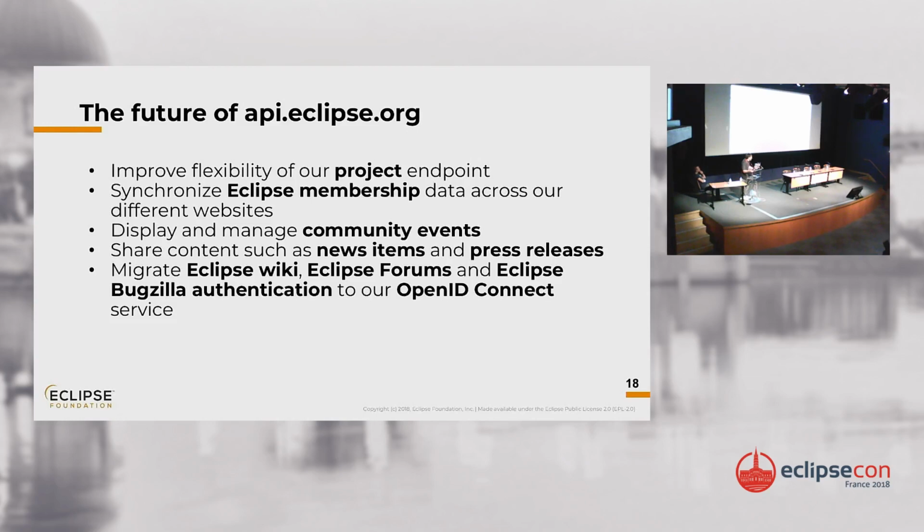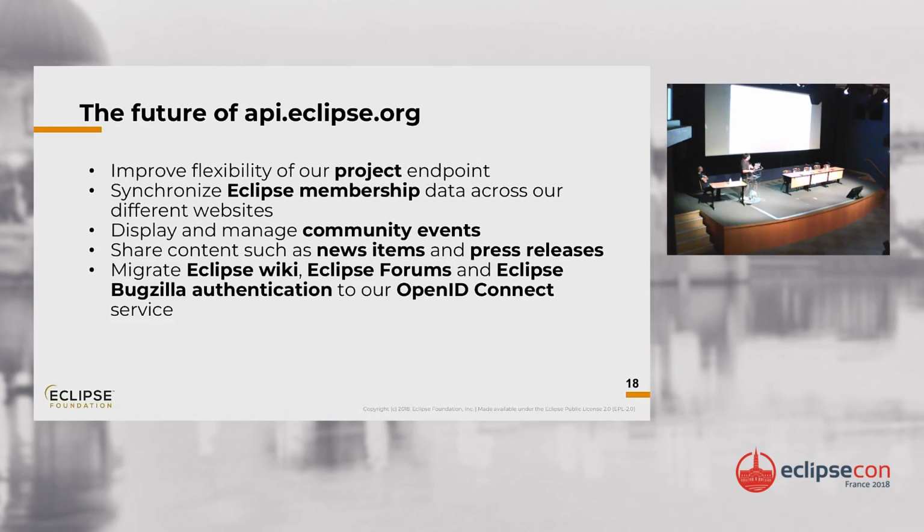For example, if you have a Git URL, it'd be nice to be able to query the API and see, okay, this Git repo is for this Eclipse project. And we're planning to use this to replace a bunch of our tooling where we directly connect to our database or to our LDAP server to validate, for example, if the user is a committer on this project for our CLA checks.